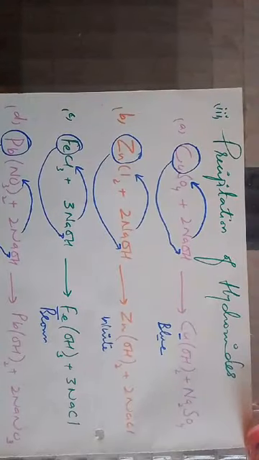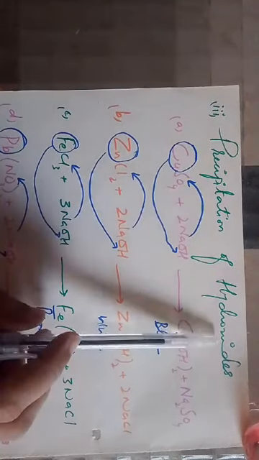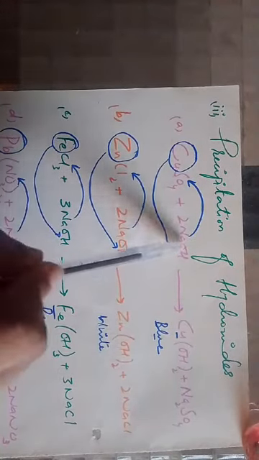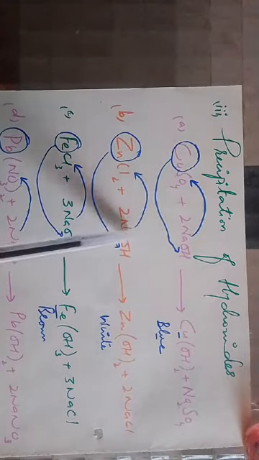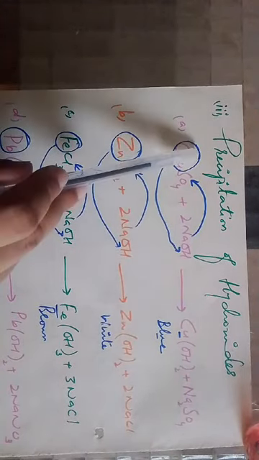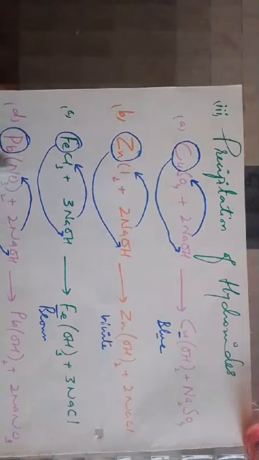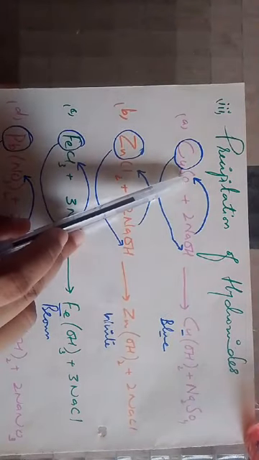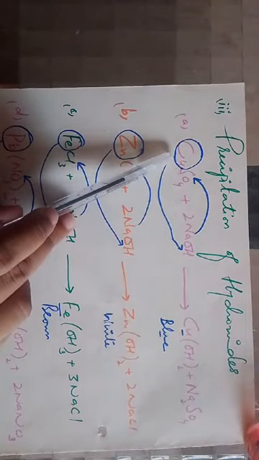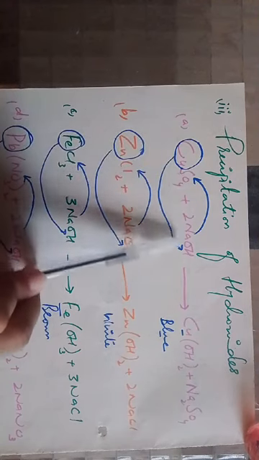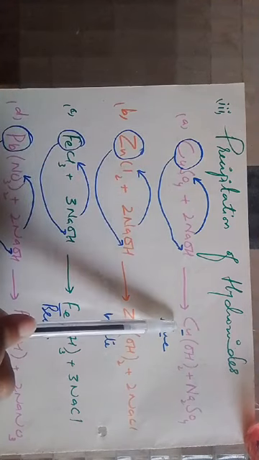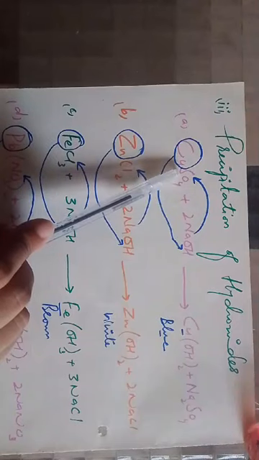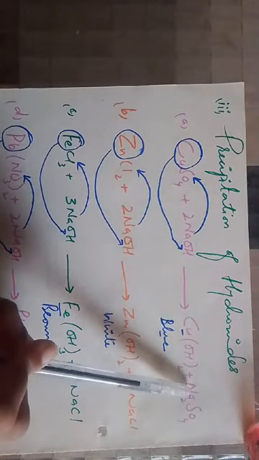Our next topic is precipitation of hydroxides. Here are the bases: sodium hydroxide, and these are our different types of compounds. First we will discuss copper sulfate. Same reaction: copper moves towards OH to form copper hydroxide, and Na with SO4 forms Na2SO4.